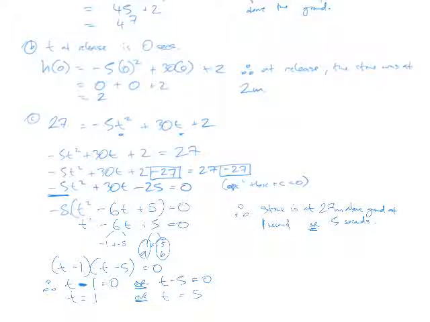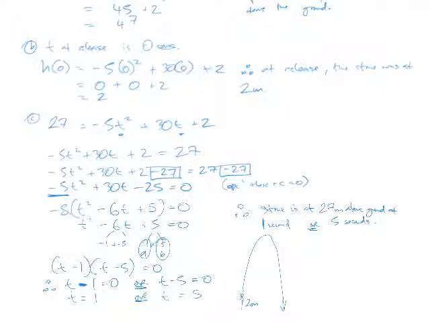Now you might wonder why there are two results. Does that even make sense? Well, yeah, it should, because in previous questions we worked out that the stone is thrown from 2 meters above ground. What happens when a stone is thrown? It goes up and it comes down. So there should be two results.